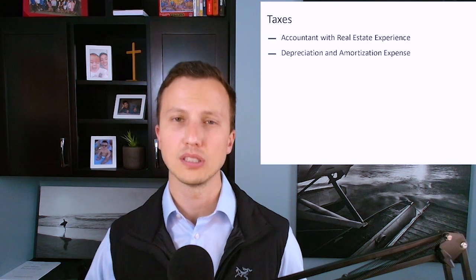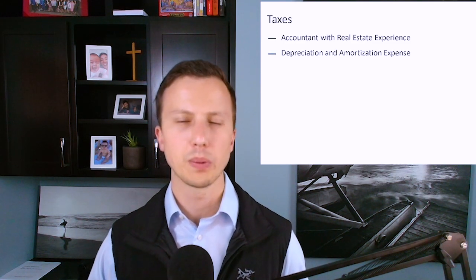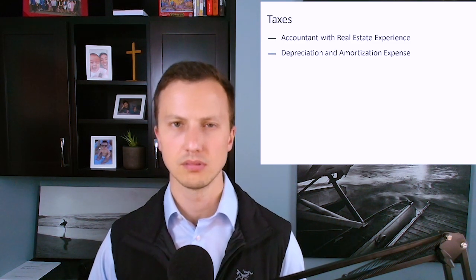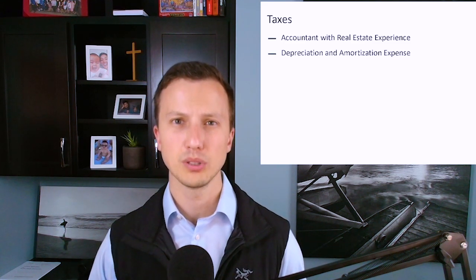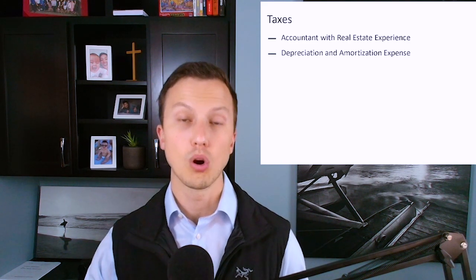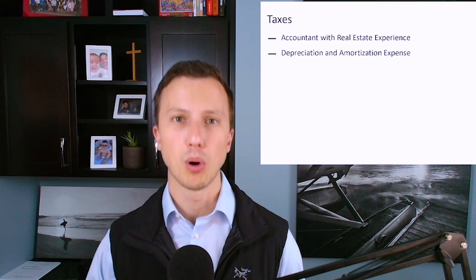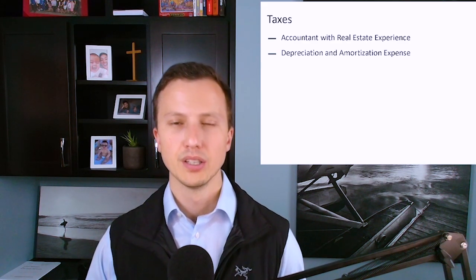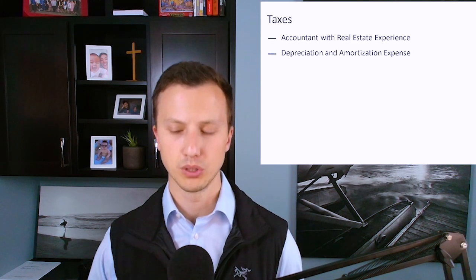And you are allowed to take those expenses over 39 years, depending on asset class, et cetera. So you're able to reduce your taxable income by that expense amount. And then amortization is how much you are able to reduce your taxable income based off of the cost of borrowing on your mortgage. So both of those things allow you to reduce your taxable income.